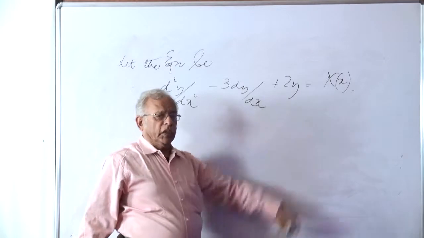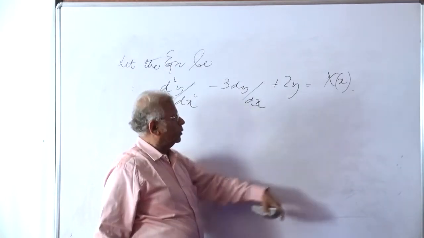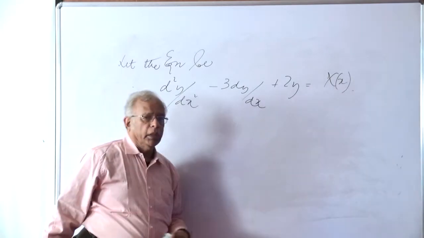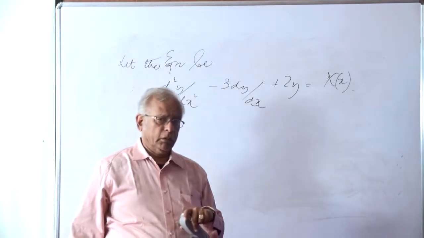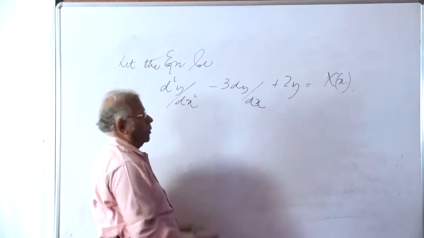Purposely taken a function that is not defined here, but that on the right hand side is a function of x. So the equation we have here is a non-homogeneous equation. The homogeneous equation would have been the whole left hand side equated to 0.